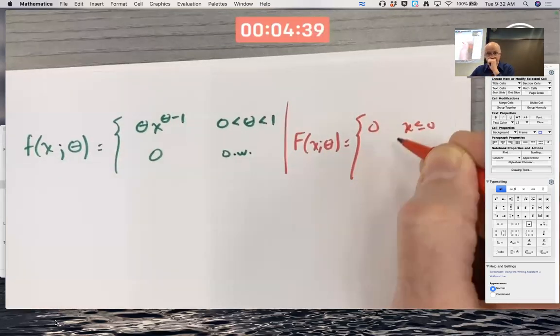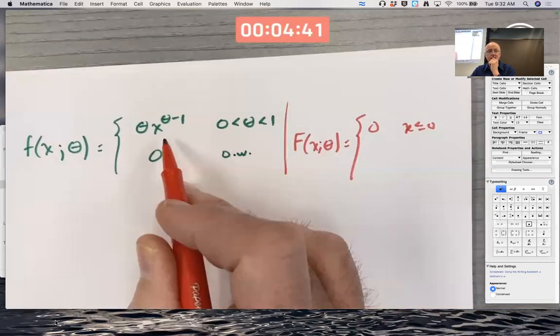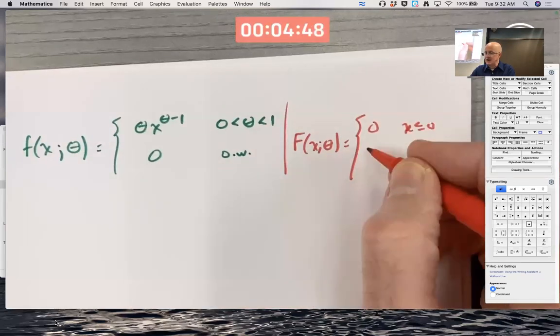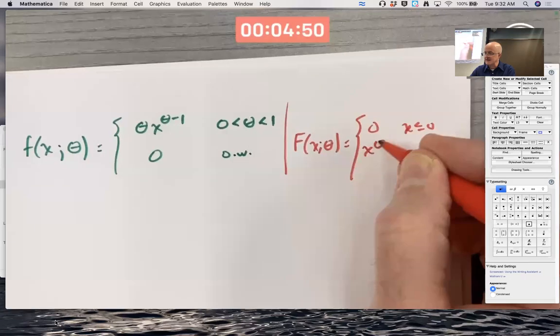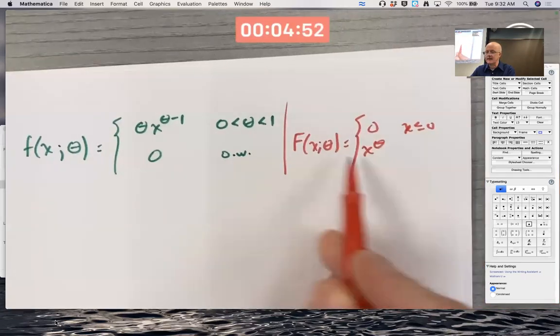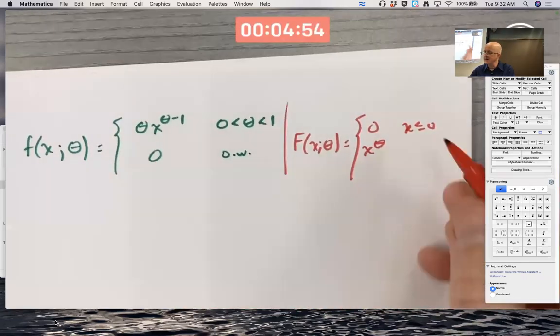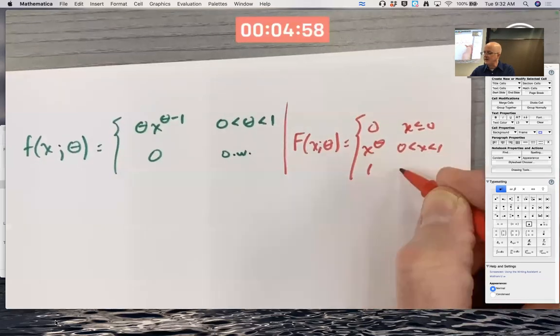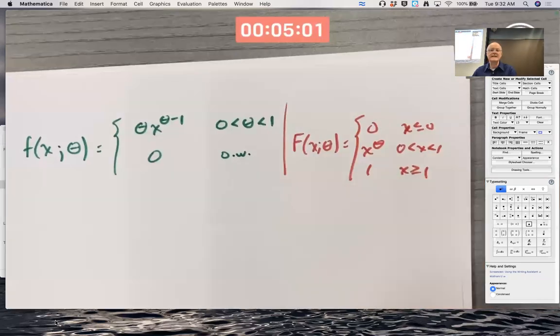The integral of this thing with respect to x when x is between 0 and 1. Imagine integrating that, you're going to get just x to the theta, right? Because the derivative of x to the theta would be theta times x to the theta minus 1. And 1 if x is greater than or equal to 1. That would be the CDF, but I don't know that we're going to need that.